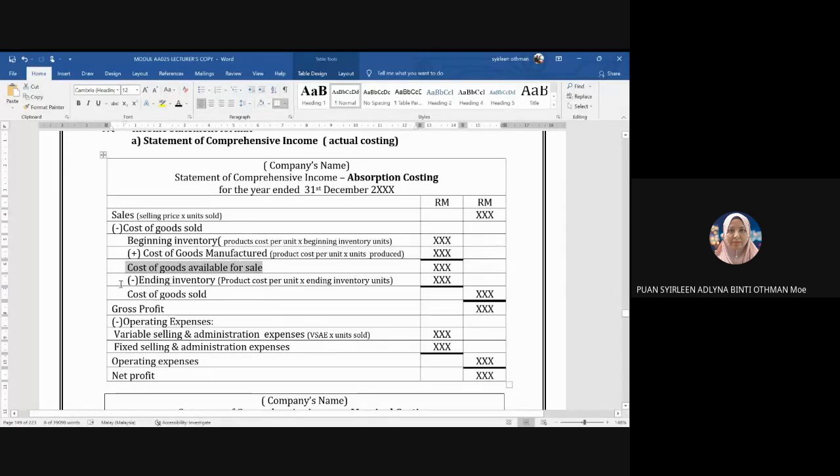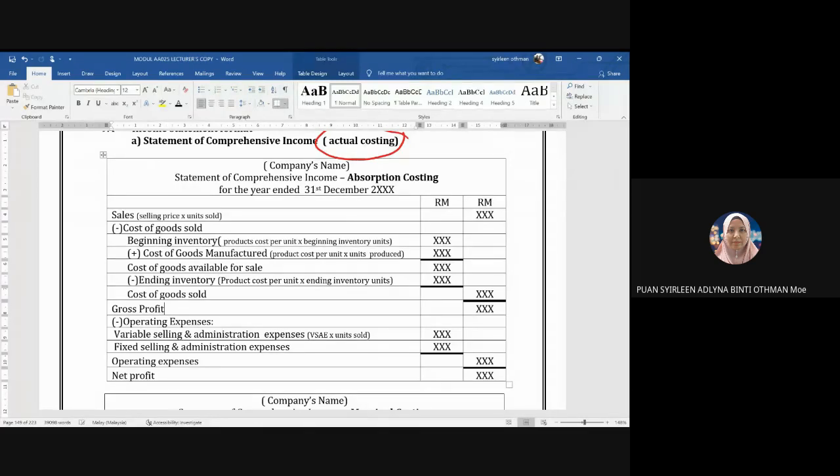And then you akan minus dengan ending inventory, you akan dapat cost of goods sold. Okay. Madam, tak ada punya adjust tadi. Memang dia adalah yang adjust tadi, sebab ini actual costing. Okay, so actual costing tak adalah applied MOH tu. Okay, I just nak tunjuk macam mana you dapat figures.